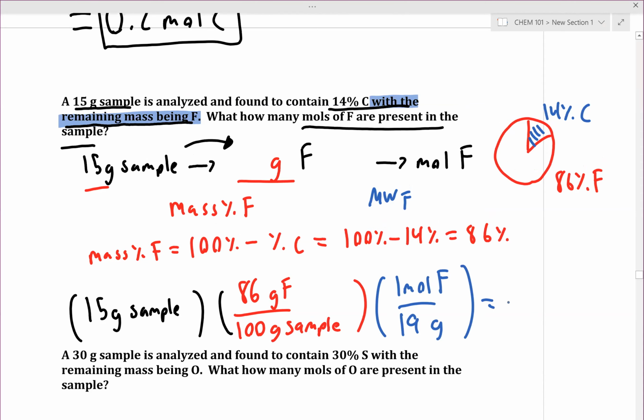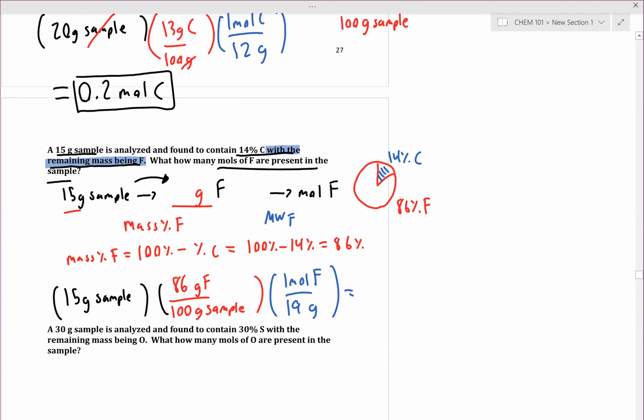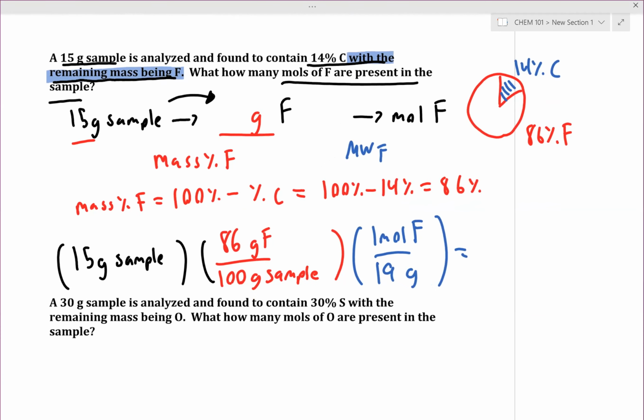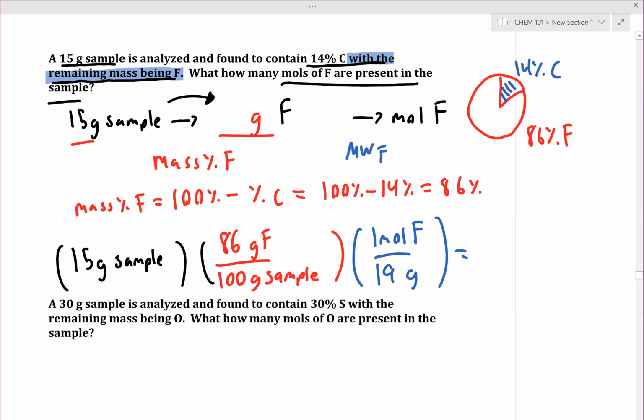Okay, let's now punch this into our calculator. So we're going to take 15 times 86 divided by 100 divided by 19.